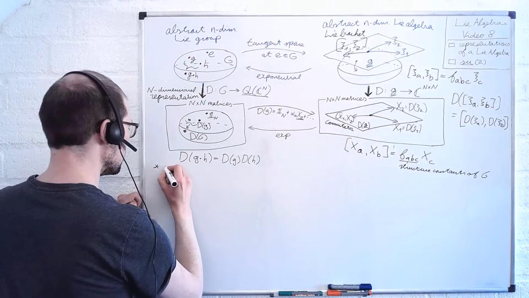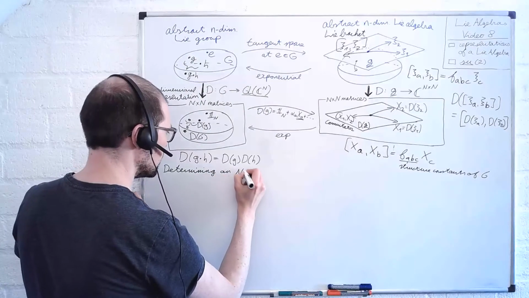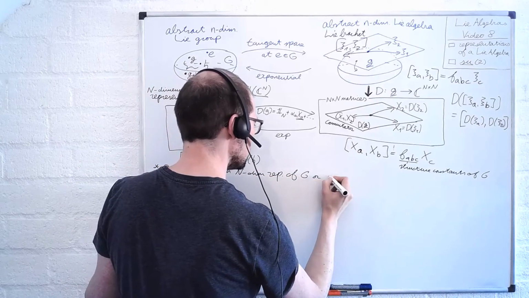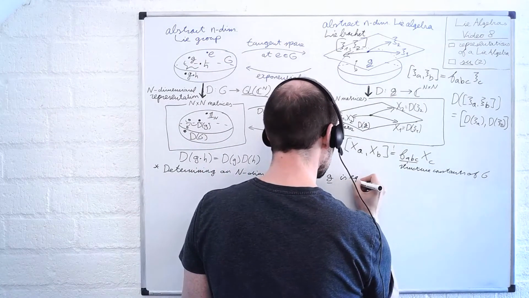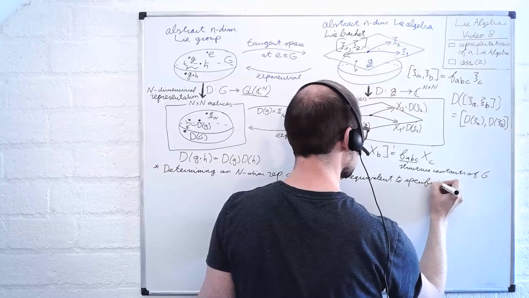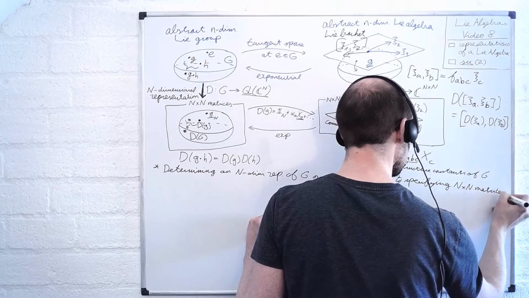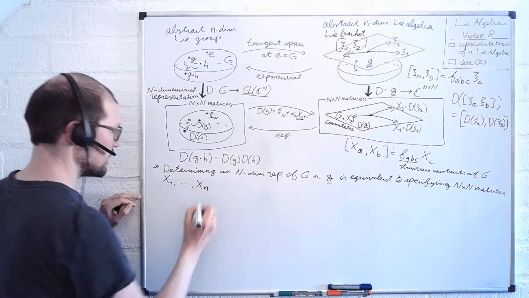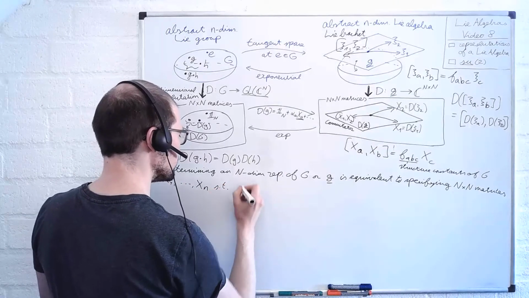So determining an n-dimensional representation of G, or equivalently of the Lie algebra, is equivalent to specifying n by n matrices x1 up to xn, where little n is the dimension of the Lie group G, such that they satisfy this relation.